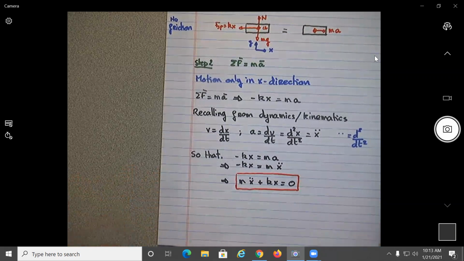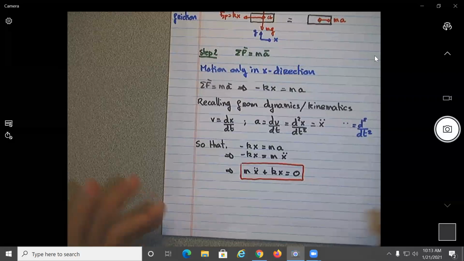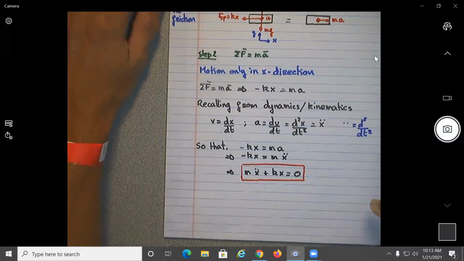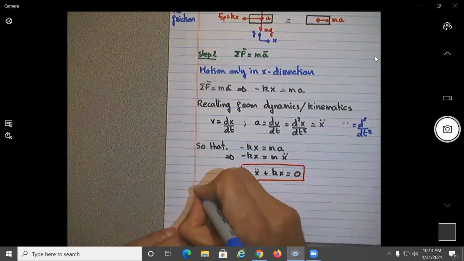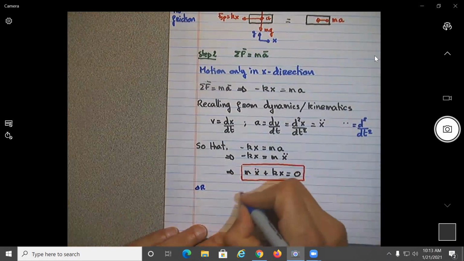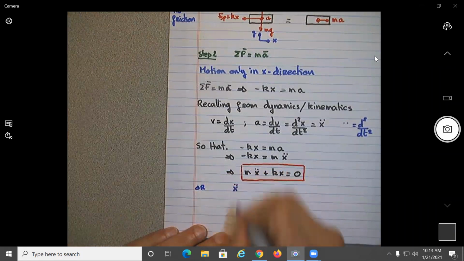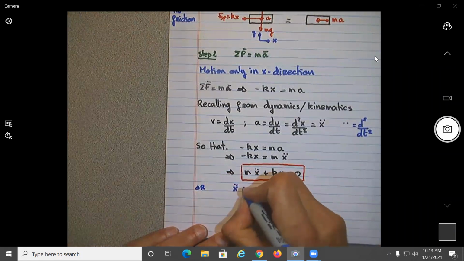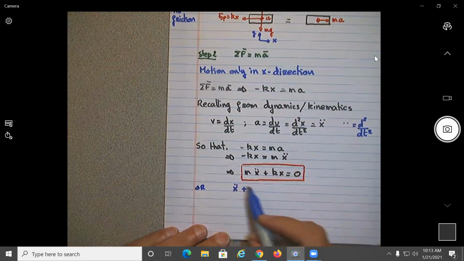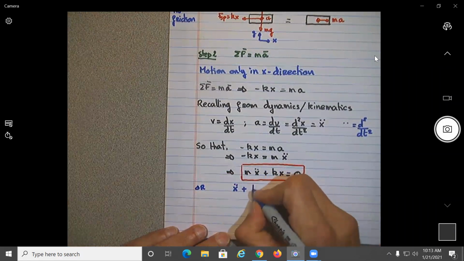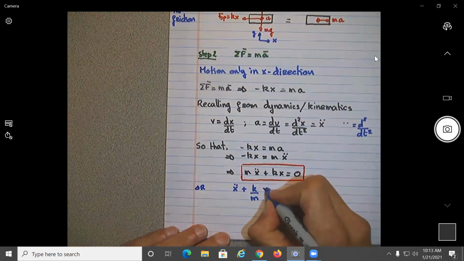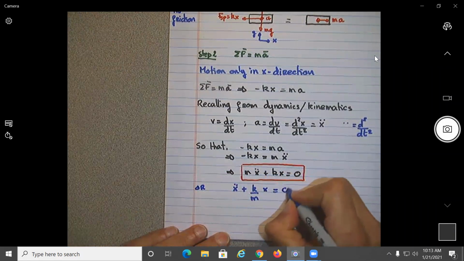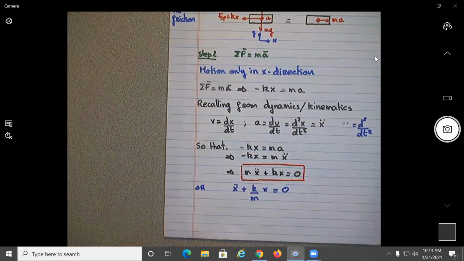Okay, but here we are in a class called vibrations. So what happens in vibrations? You can rewrite this as x double dot, so basically what I'm doing is dividing by m, plus k over m x equals 0.